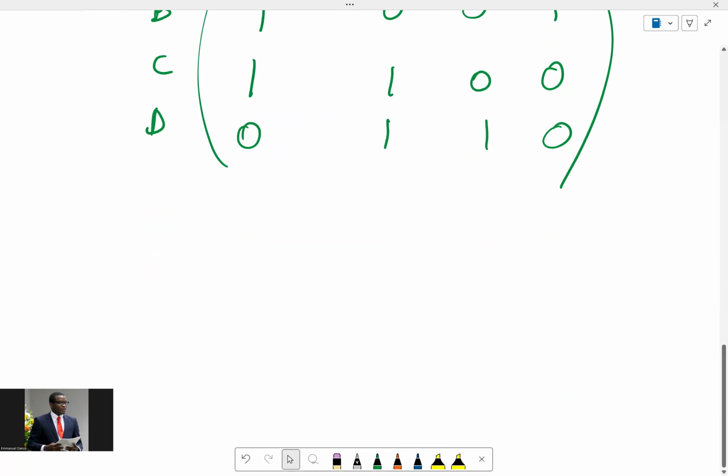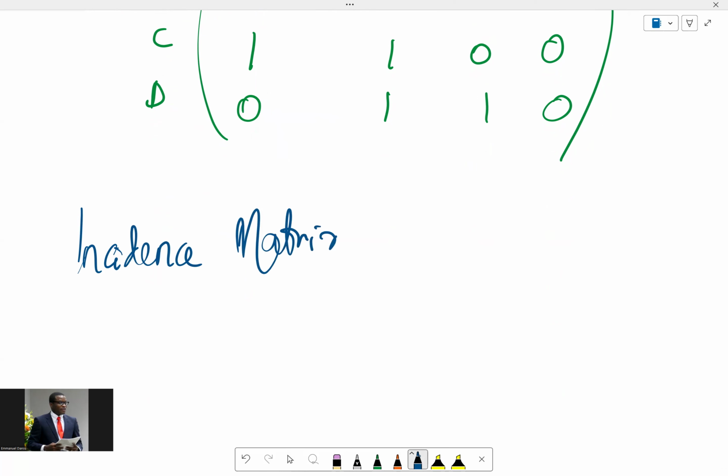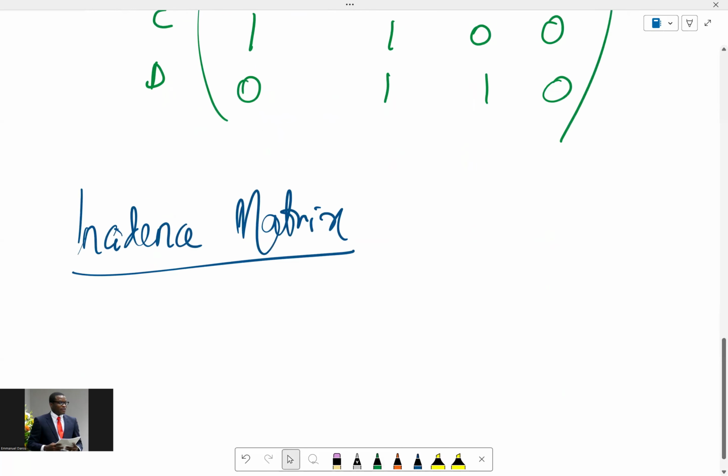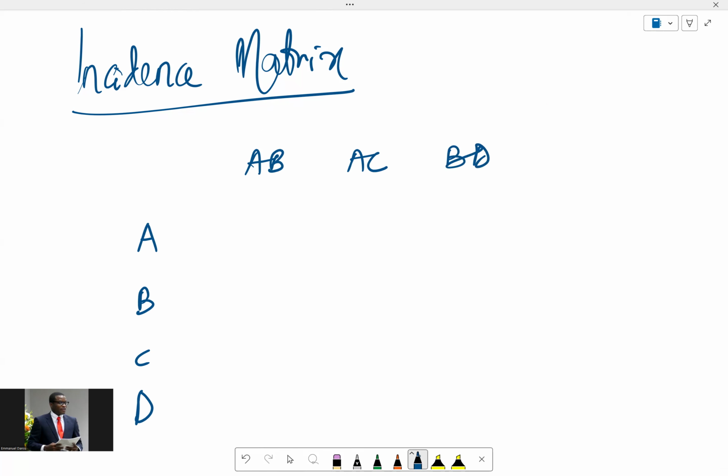Now, how about the incidence matrix? This wasn't clearly explained in the first video. For the incidence matrix, take the rows as the vertices and take the columns as the edges. So this will be edge AB, edge AC, edge BD, edge CD.